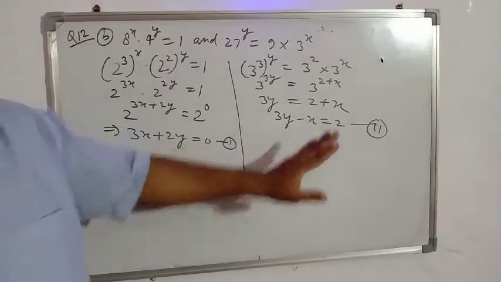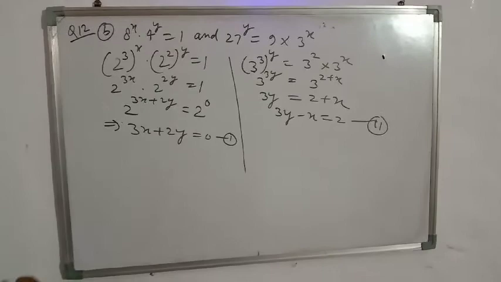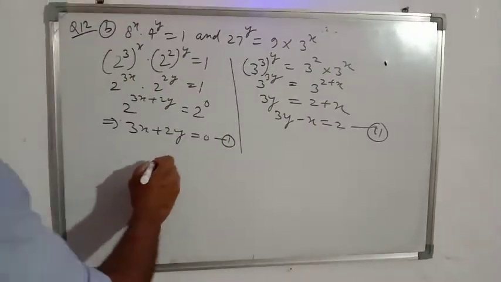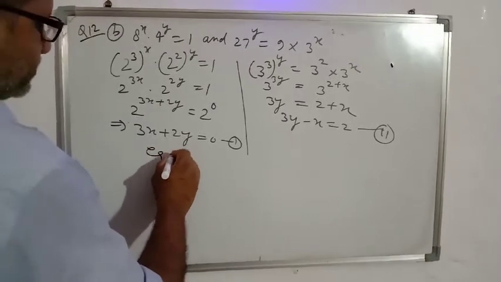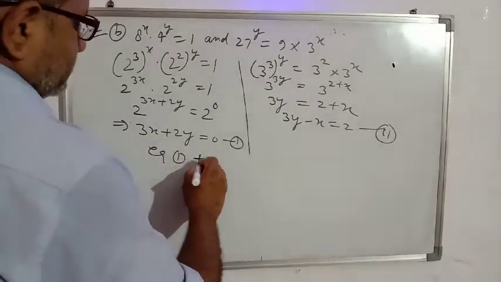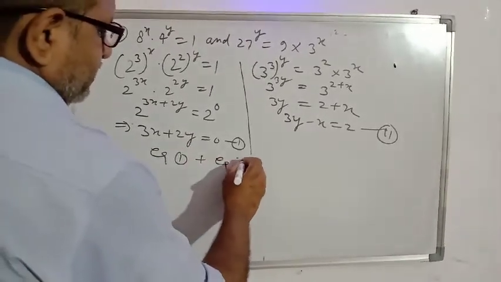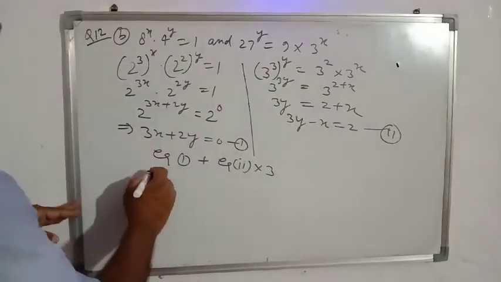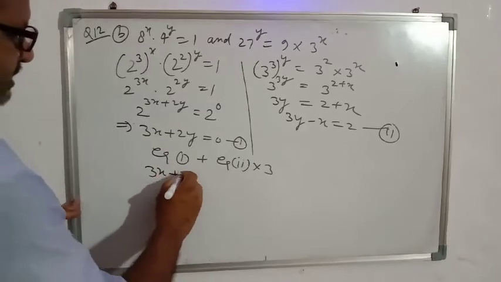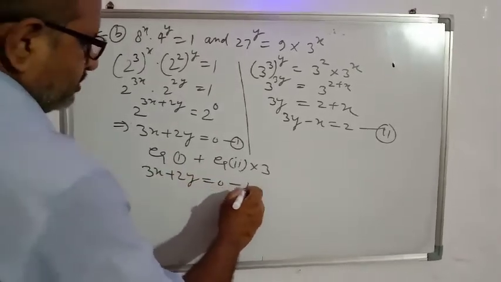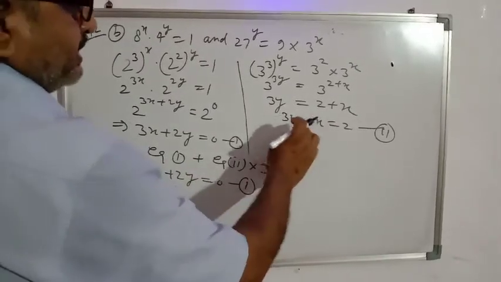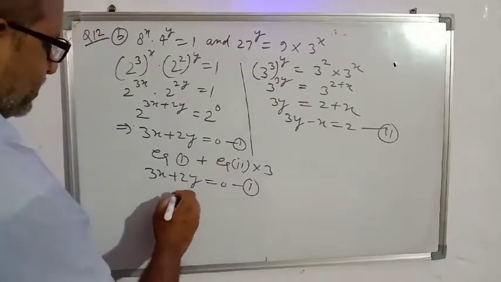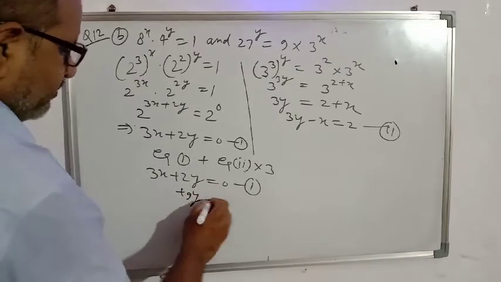Now we have to solve both equations to find the values of x and y. So use the elimination method. Equation 1 plus equation second multiplied by 3. What is equation first? 3x plus 2y is equal to 0. And the second we have to multiply by 3. So 3 into 3, 9y. So here plus 9y.